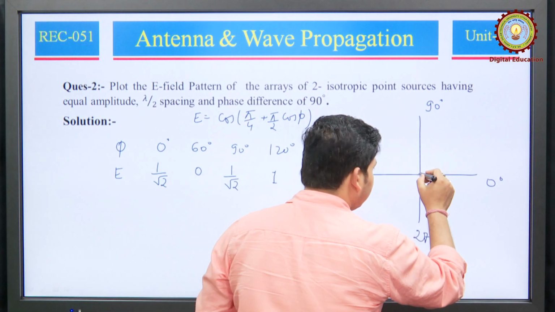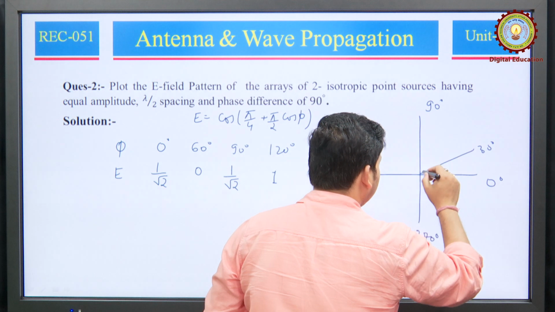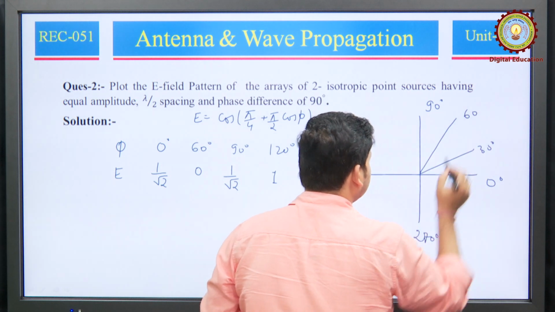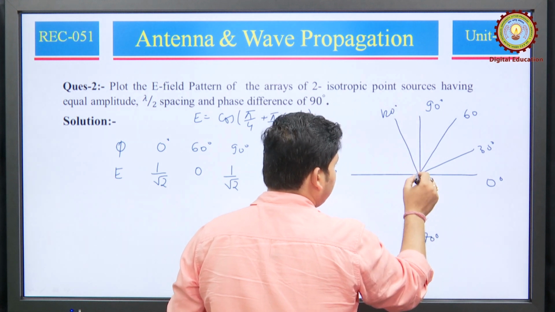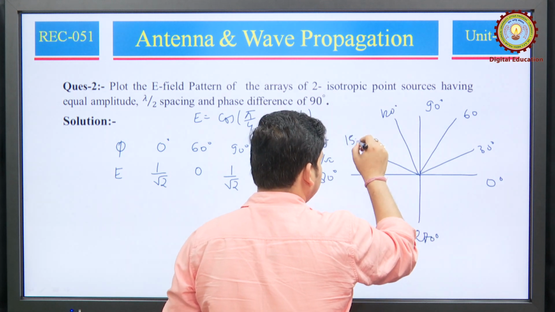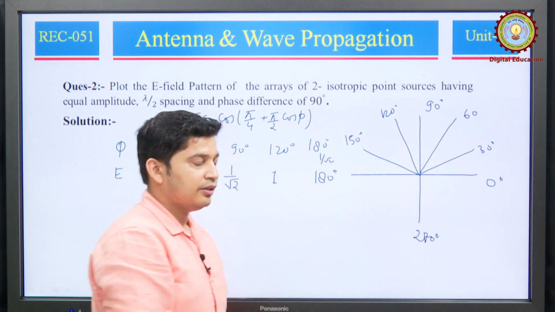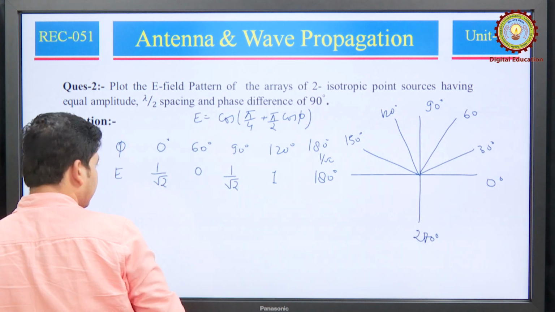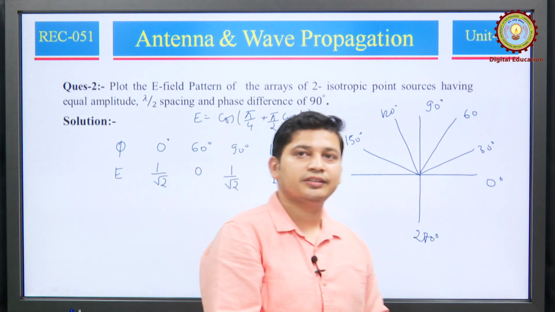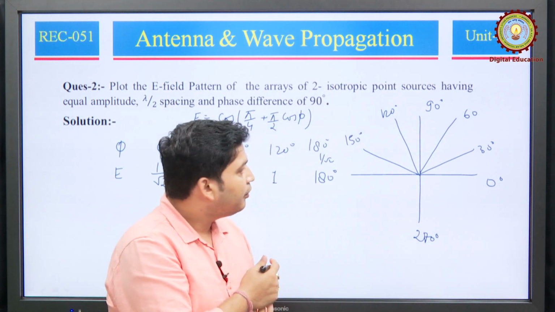So, here the 30 degree line, here 60 degree line, 120, 150 and this is again 180. So, let me change the color of pen, let me take red color. So, we can easily understand the plot variation. Okay.